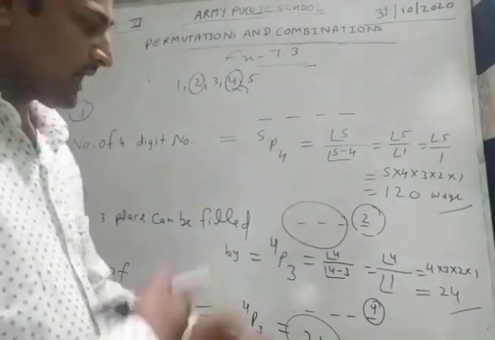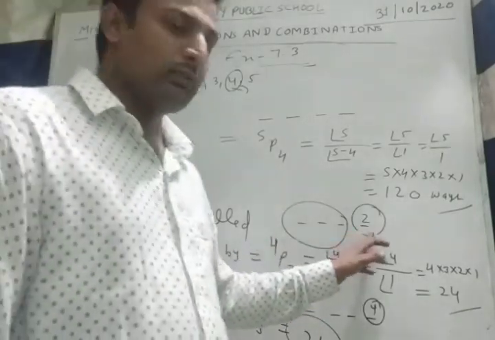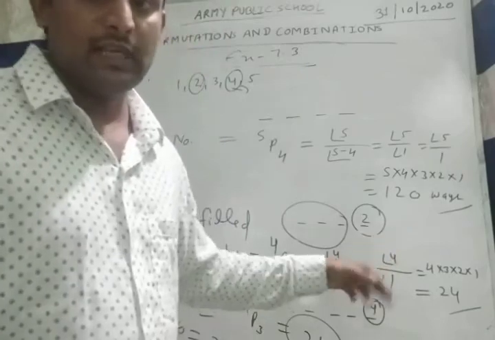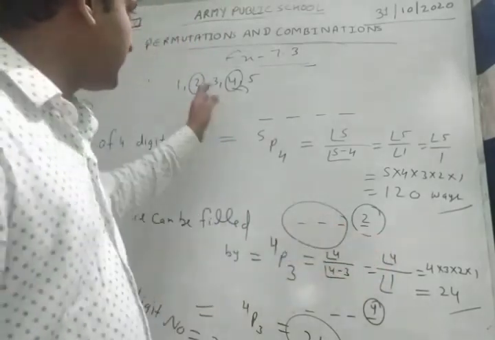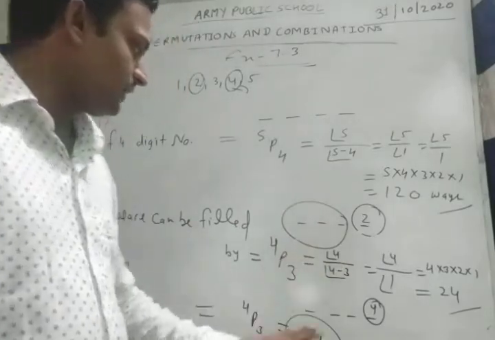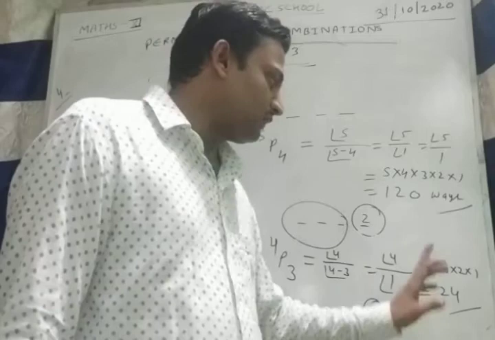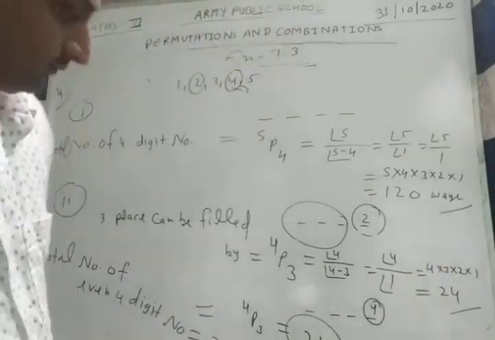So this can be arranged in 4P3 ways, because the unit place is fixed. So we write factorial 4 by factorial 4 minus 3, and we get 24.